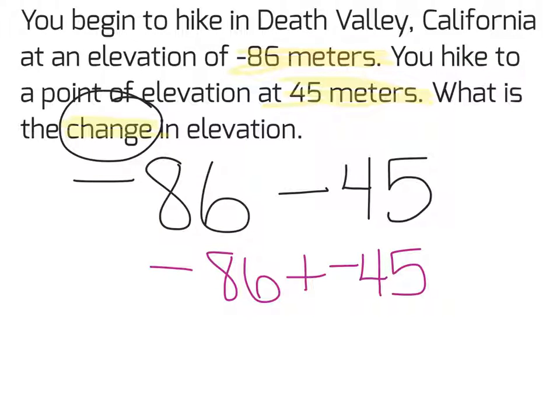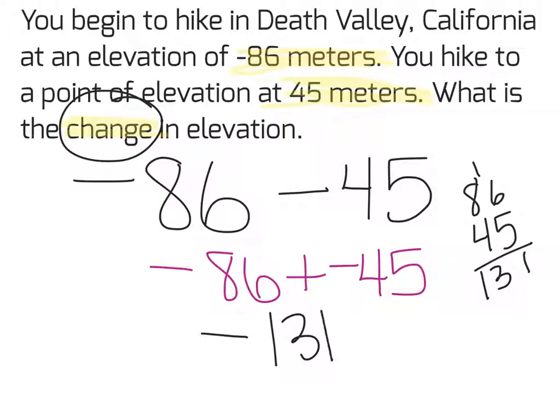Okay, so a negative plus a negative, it's going to be more negative, and 86 plus 45, here I'm going to write this out so you guys have it, 86, 45, we just add them together. 6 and 5 is 11, carry the 1, 8, 9, 10, 11, 12, 13, 131.